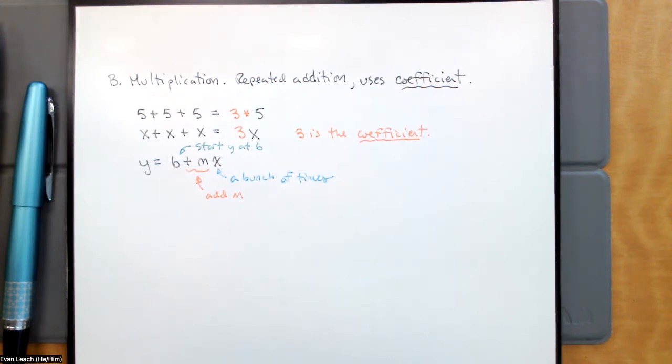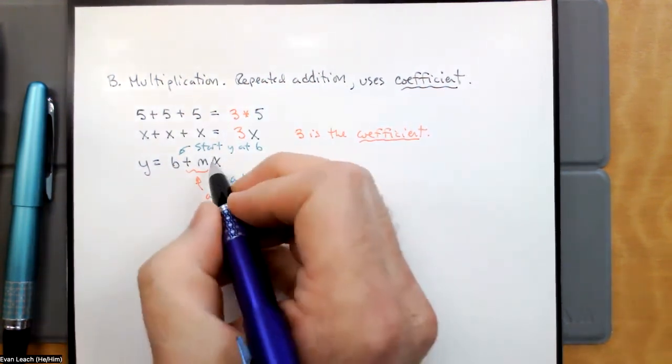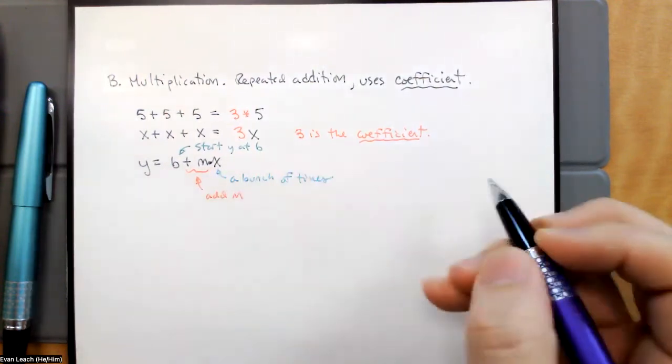So if I add m 3 times to the b, then it's b plus 3m. x is the number of times we've added m to b. That's how we think about linear functions. That repeated addition is summarized with multiplication.